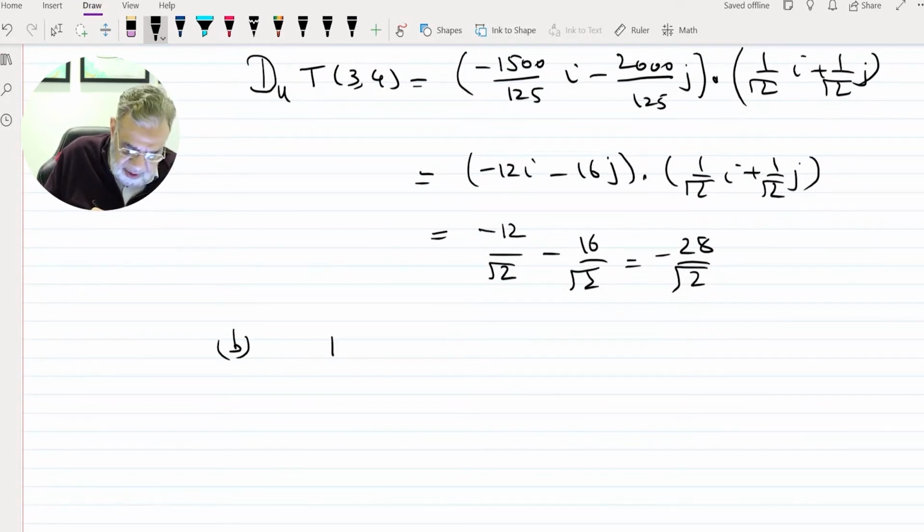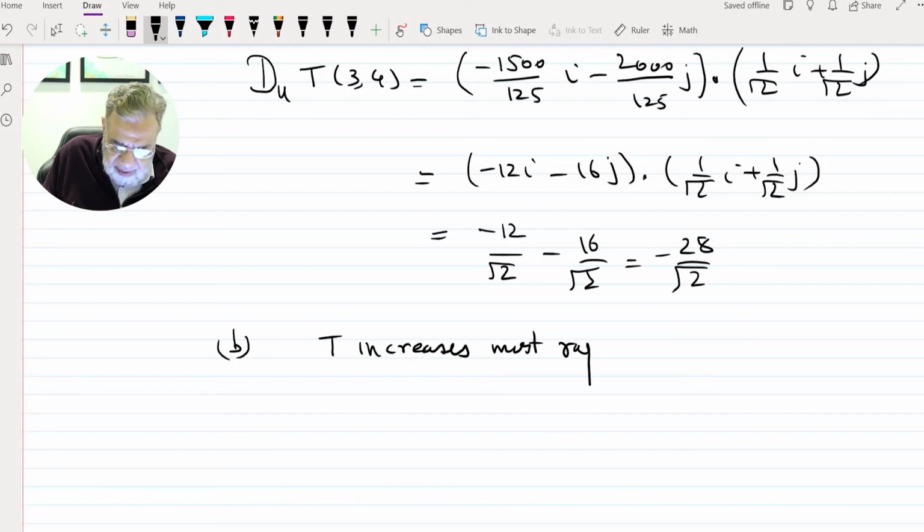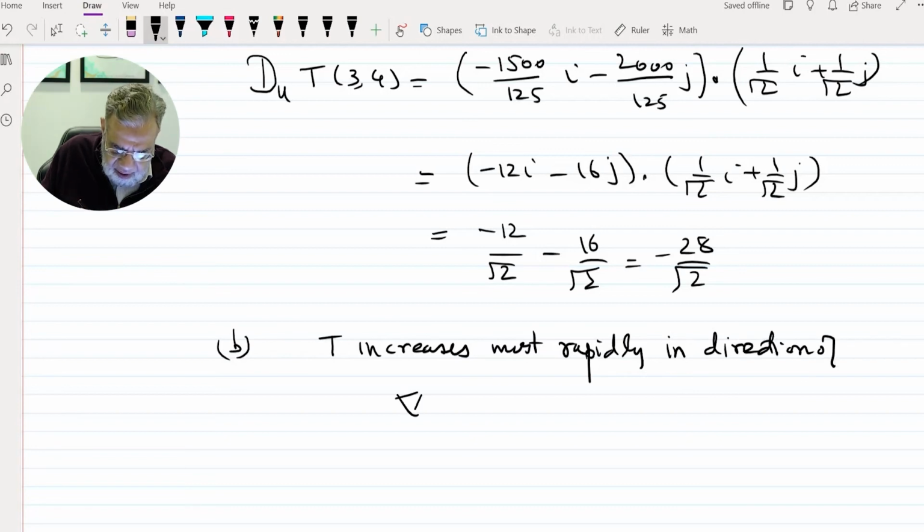T increases most rapidly in the direction of the gradient of T at the point (3, 4), and that's minus 12i minus 16j.